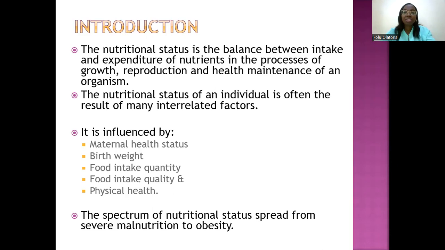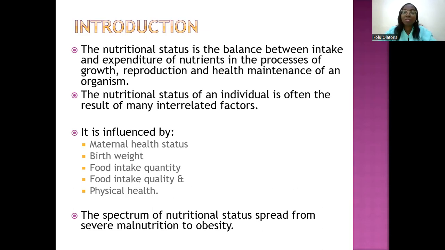And from what I've just said, you will agree with me that the spectrum of nutritional status can spread from severe malnutrition or severe undernutrition at one end to obesity at the other end of the spectrum. So from severe undernutrition, we'll move on to moderate undernutrition, then normal nutritional status, or you can still talk of mild.